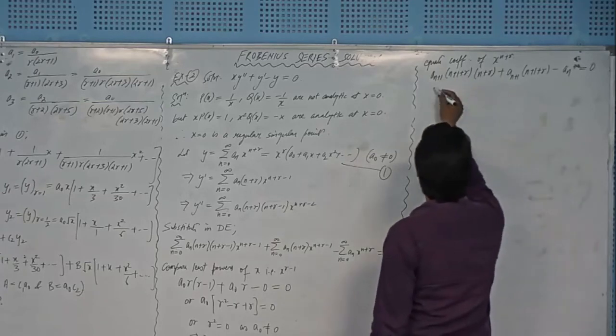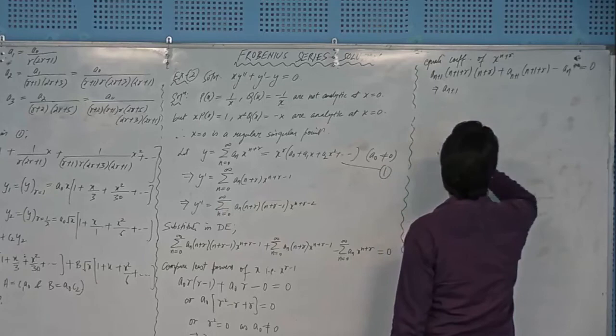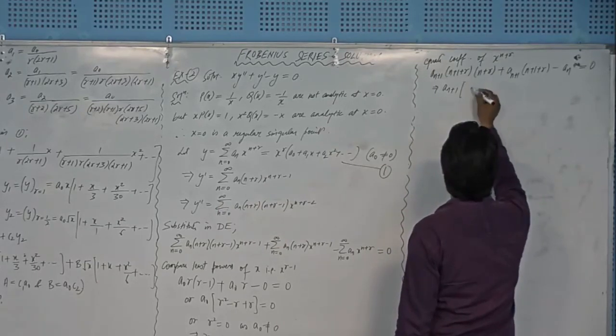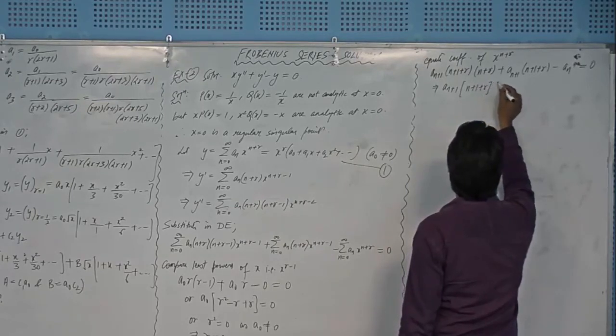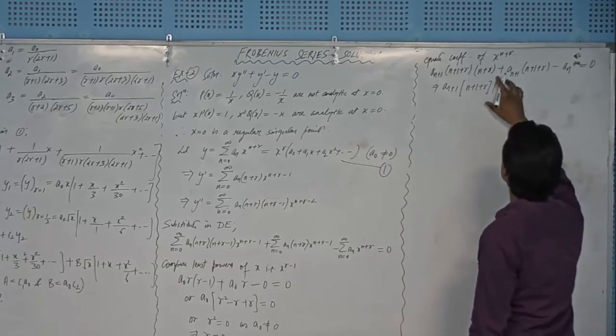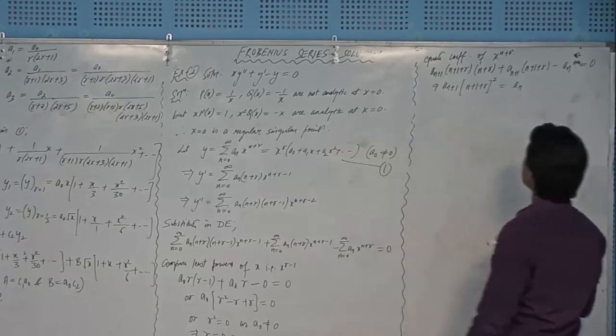Now we'll try to obtain the recurrence relation, that is just a relationship between the higher coefficient and the lower coefficient. I should take n plus r plus 1 common. So if I take n plus 1 plus r common, it will become n plus r plus 1 whole square equal to a n, right?